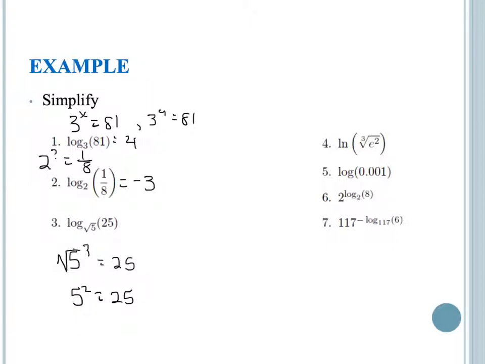I need to square a square root. So first things first, I need to square my square root. Then I need to square that result.